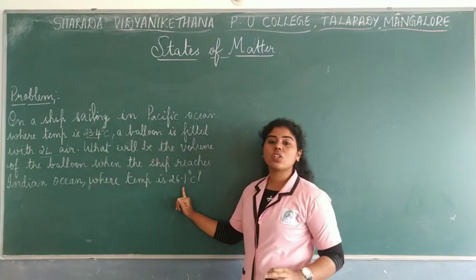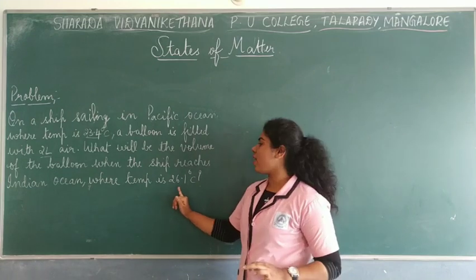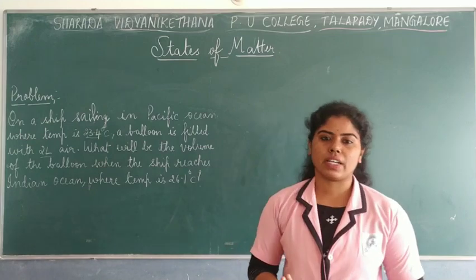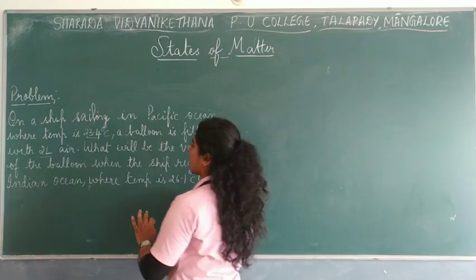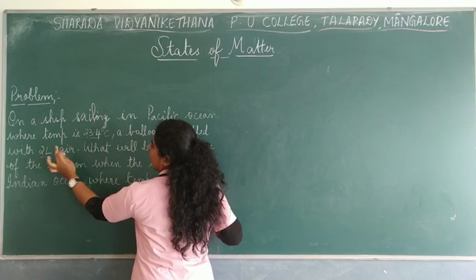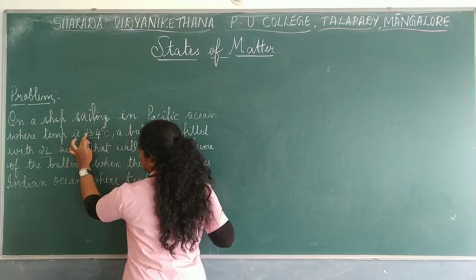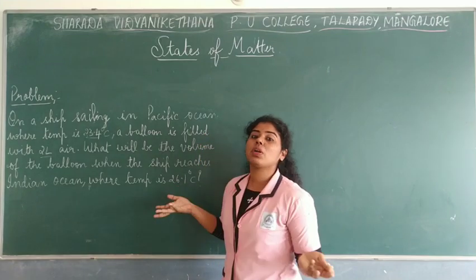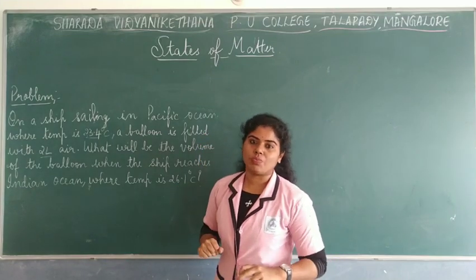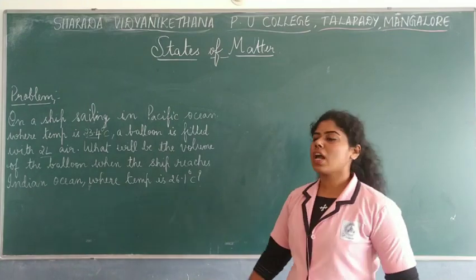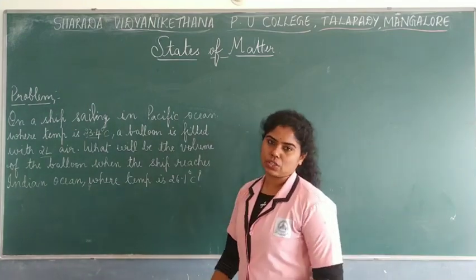Now what happens to the volume of the balloon when it reaches the Indian Ocean? Very easy to understand. You have T1, that's the initial temperature, and the initial volume. Then you have the final temperature, but you don't have the final volume, right? So what we have to find is the volume of the balloon at the final temperature.